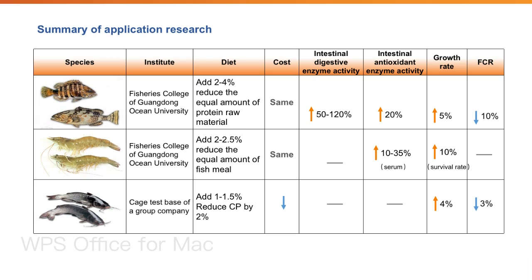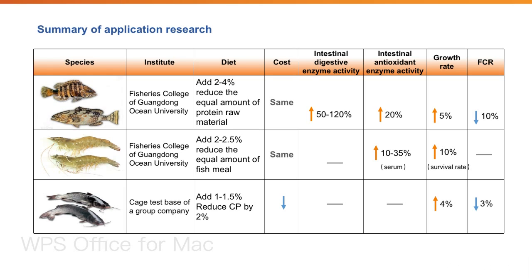The growth rate is increased by 5%, and the FCR is reduced by 10%. For shrimp, they conducted Vibrio harveyi challenge tests to count the mortality rate in 7 days, and they concluded that using Fortide can improve the survival rate by more than 10%.